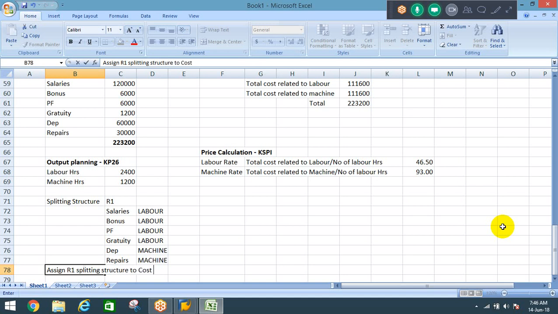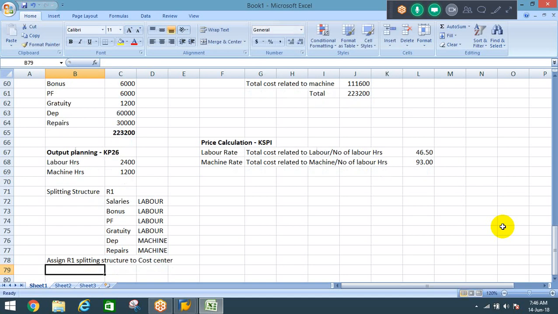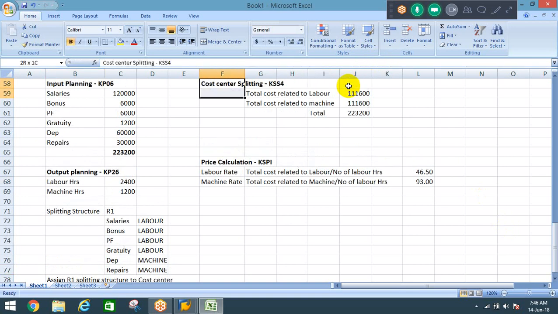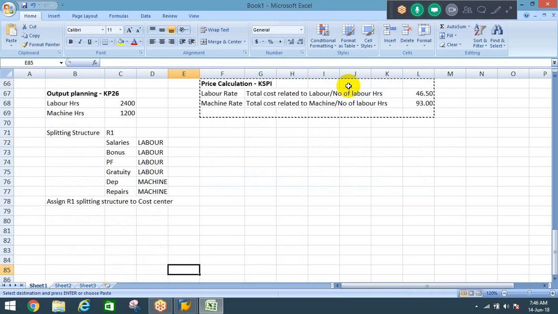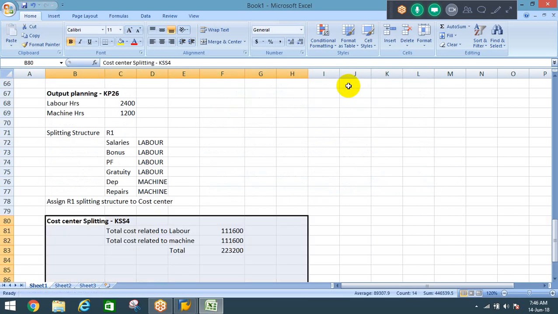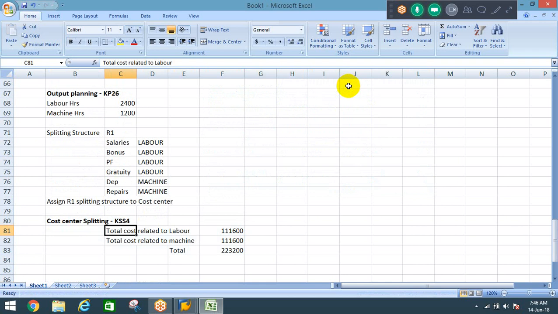Assign R1 splitting structure to cost center. And when we do the price calculation, to get the total cost related to labor, it will consider this splitting structure.